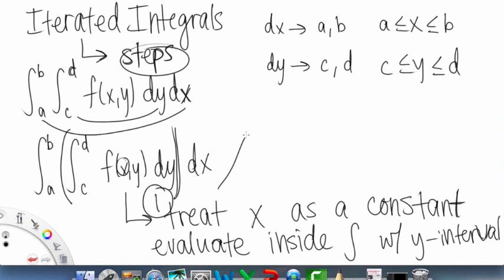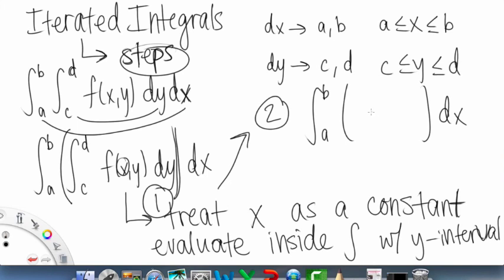And then your second step would be, I'm just going to write it out here, and then we'll do an example. You take whatever you get. So now we have a to b, and inside we're going to get some function of x. When you evaluate the inside integral, everything having to do with y's, when you plug in the y values, it'll eliminate all of the y's in it.